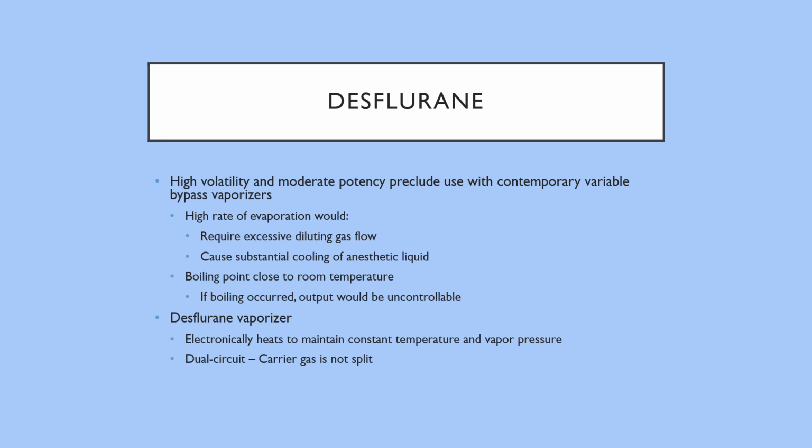So the Desflurane vaporizer design is a little bit different. It electronically heats the liquid to maintain a constant temperature and vapor pressure. And it is a dual circuit vaporizer in which the carrier gas is not split.